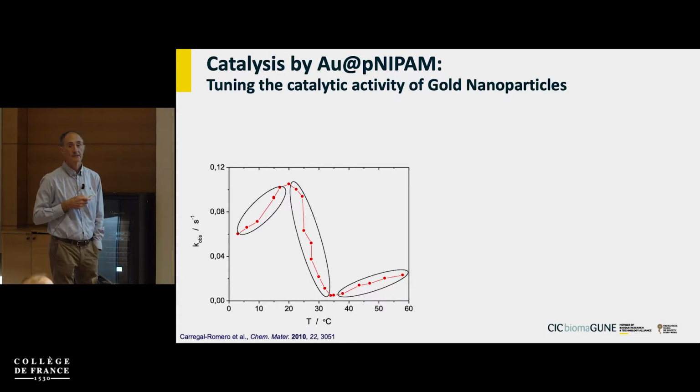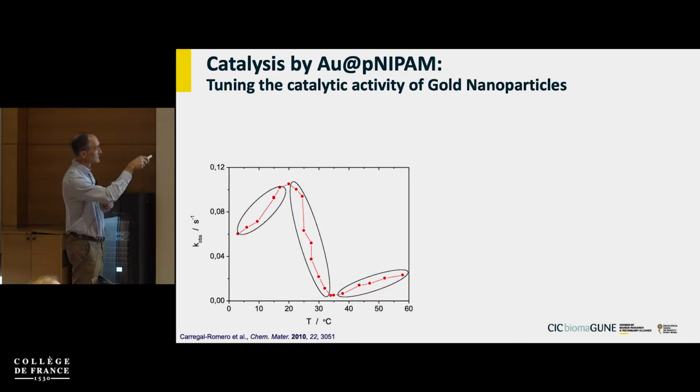Any ideas why this is happening on the basis of what I told you about the behavior of these particles? I guess you all know, but I will say it anyway. So here Arrhenius is dominating, so we have an increase in the reaction rate with temperature. Here we have the collapse of the shell, so the pores become very small, the diffusion is much lower, and this is dominating the reaction rate, and so this is why we have a drastic decrease in the reaction rate.